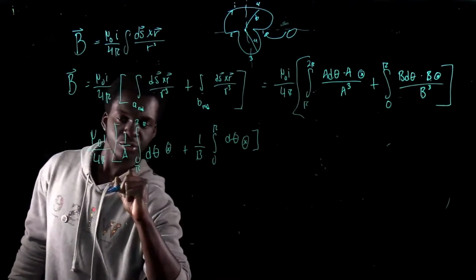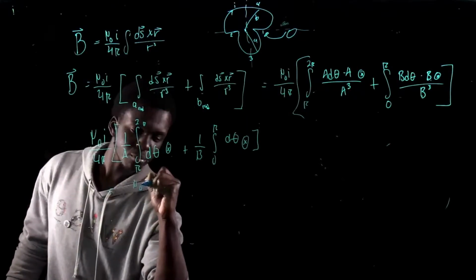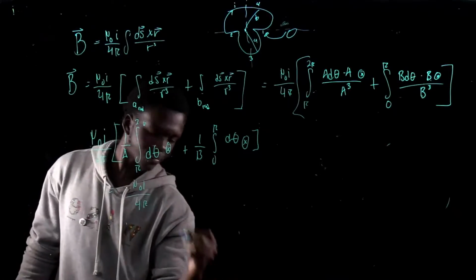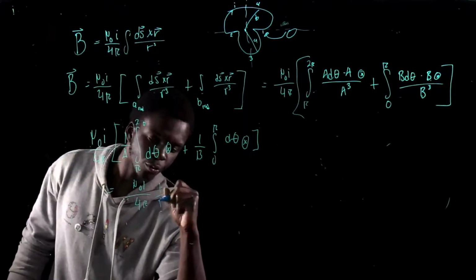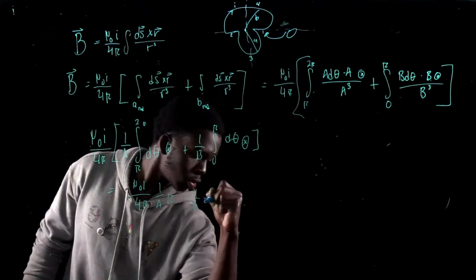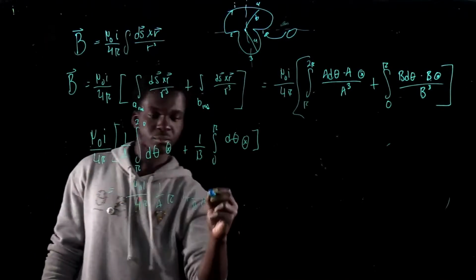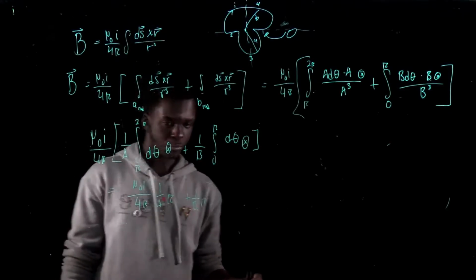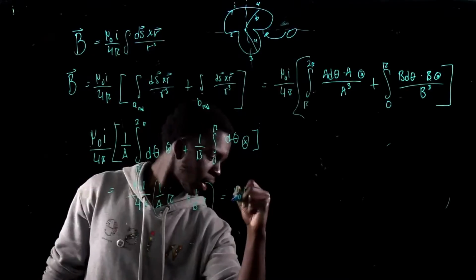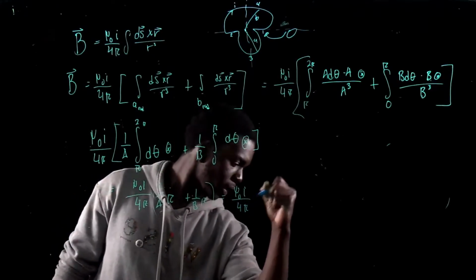And then after you simplify that, it's going to be mu naught I over 4 pi, and then you have 1 over a times pi plus 1 over b times pi.